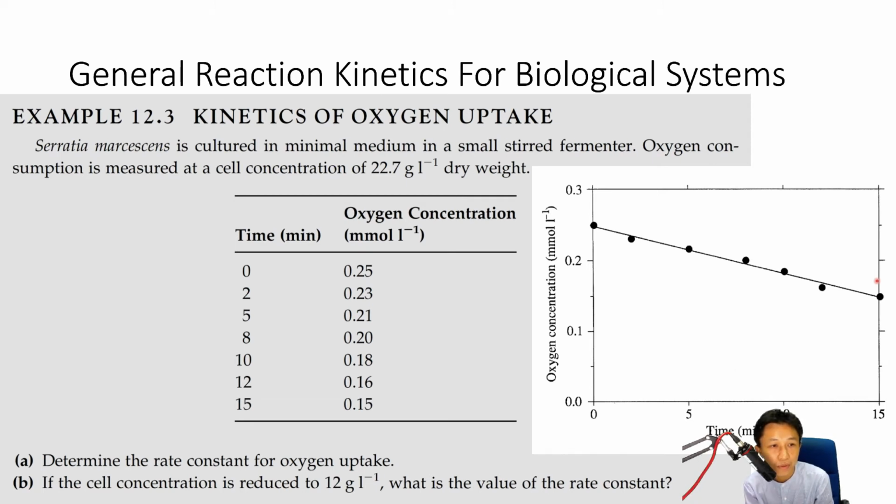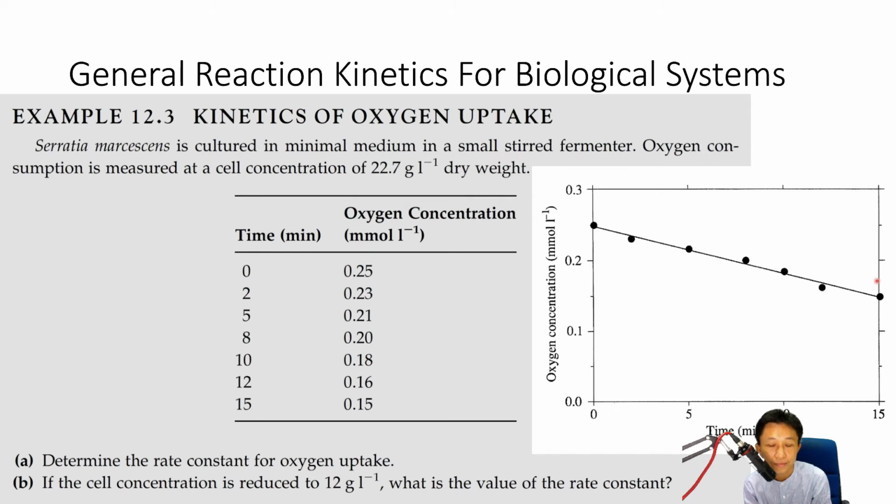For this example, Serratia marcescens is cultured in media in a small stirred fermenter. Oxygen concentration is measured at this dry weight.